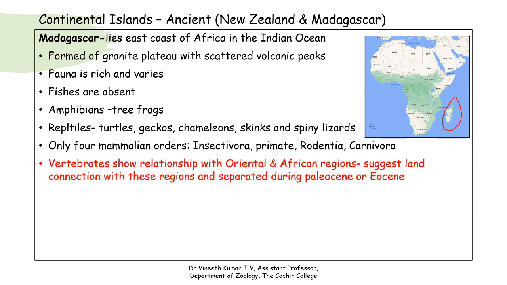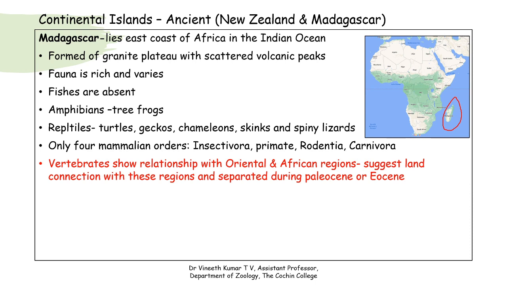Ancient fauna, ancient in the sense that they no longer exist on the mainland, but they are seen in these particular land pieces, as these animals evolved after they got separated from the mainland. These are the pieces of evidence which suggest whether the island is a young continental island or an ancient continental island.